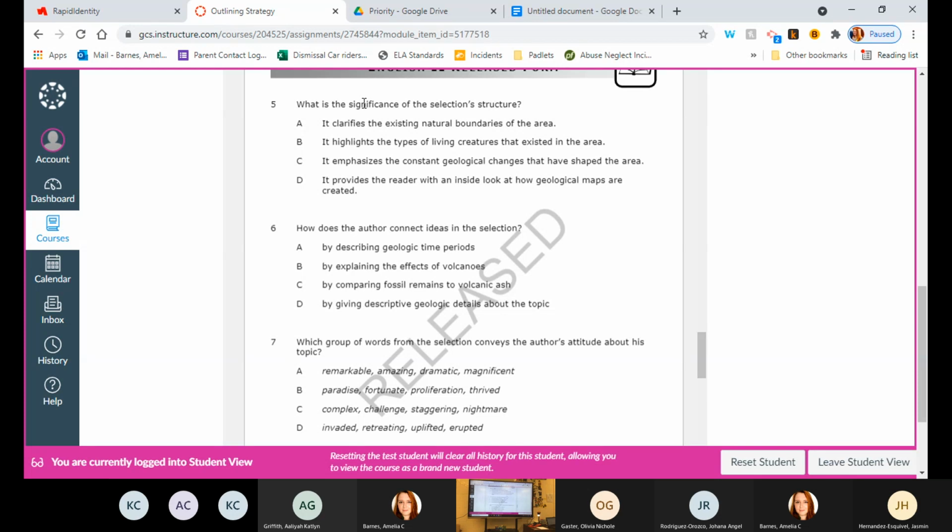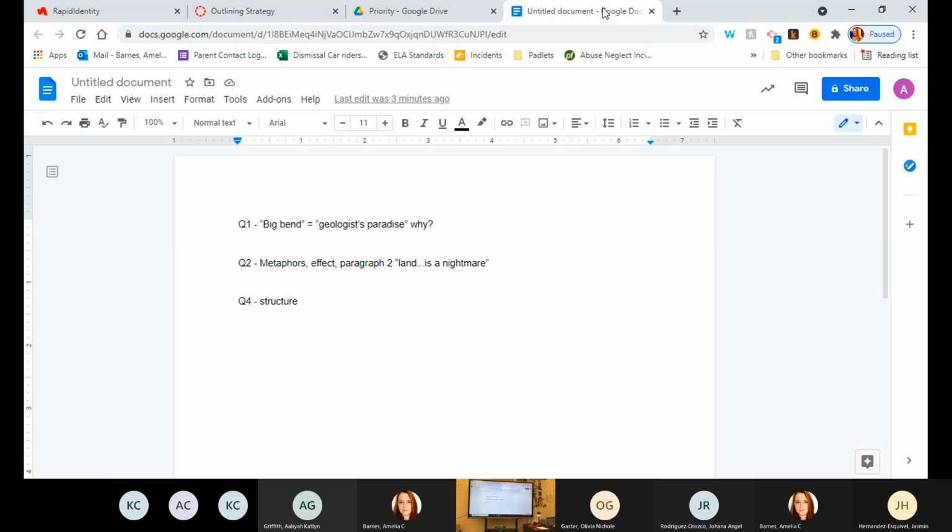What role it plays, what its purpose or function is. Okay, so Q5. Now, if Q4 and Q5 are both about structure, then your answer to Q4 will help you answer Q5. So Q5: significance of structure.